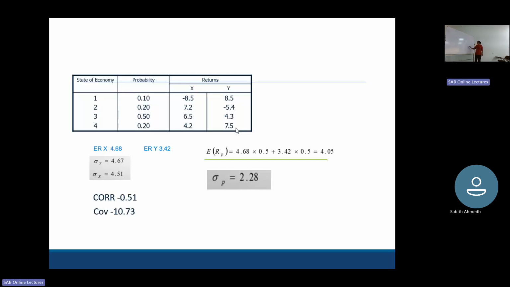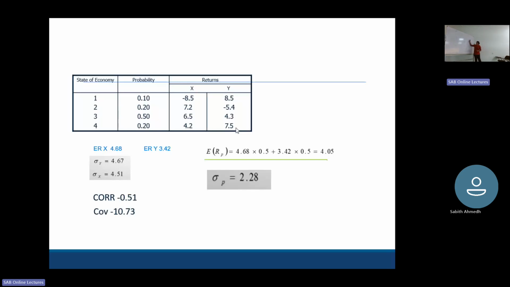You will get some answer. So this is the rule of thumb: if your portfolio standard deviation is less than the weighted average standard deviation, we normally say that there is a certain degree of diversification advantage. That is the rule of thumb.